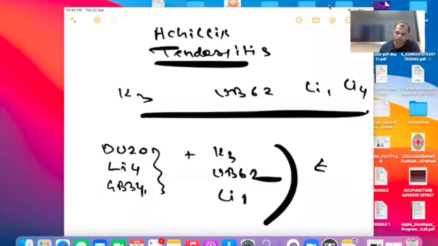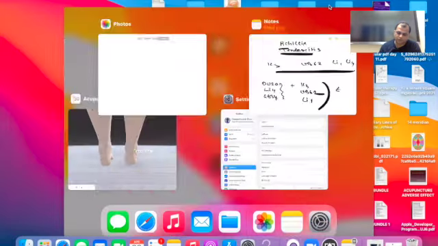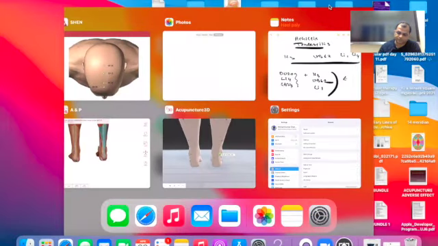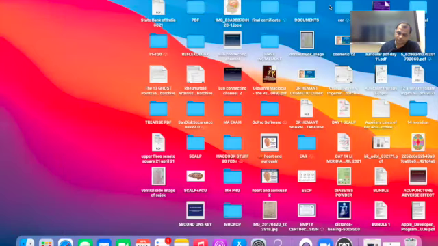If we want to see the location of the LI1 point, because the other points we have seen, the LI1 point is the first point of the LI meridian.